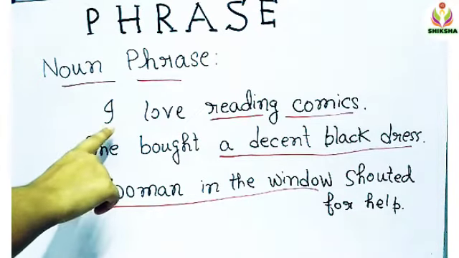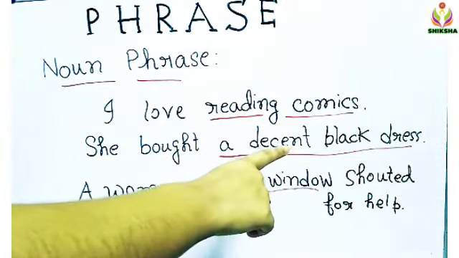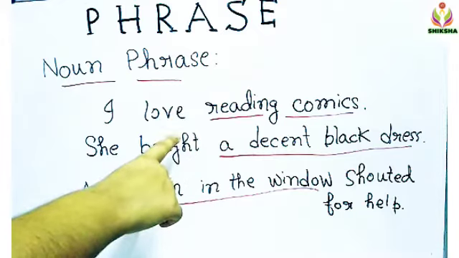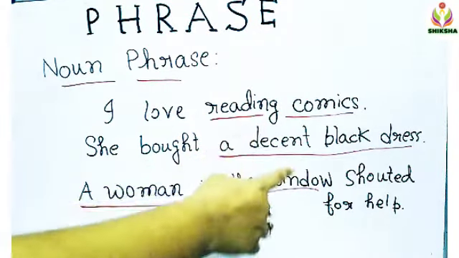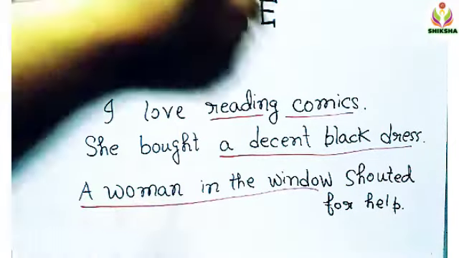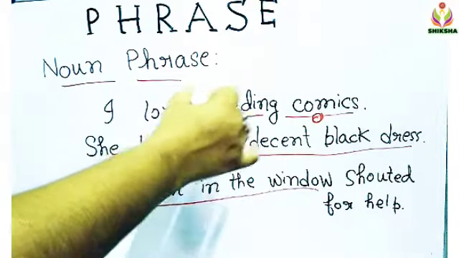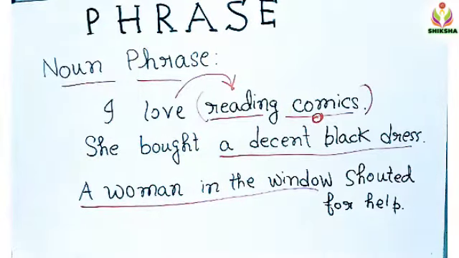So here in the first sentence, I love reading comics. The underlined part is answering the question, I love what? So the phrase reading comics here is working as an object. Since only a noun can be the object of a verb, this phrase is working here as a noun phrase.